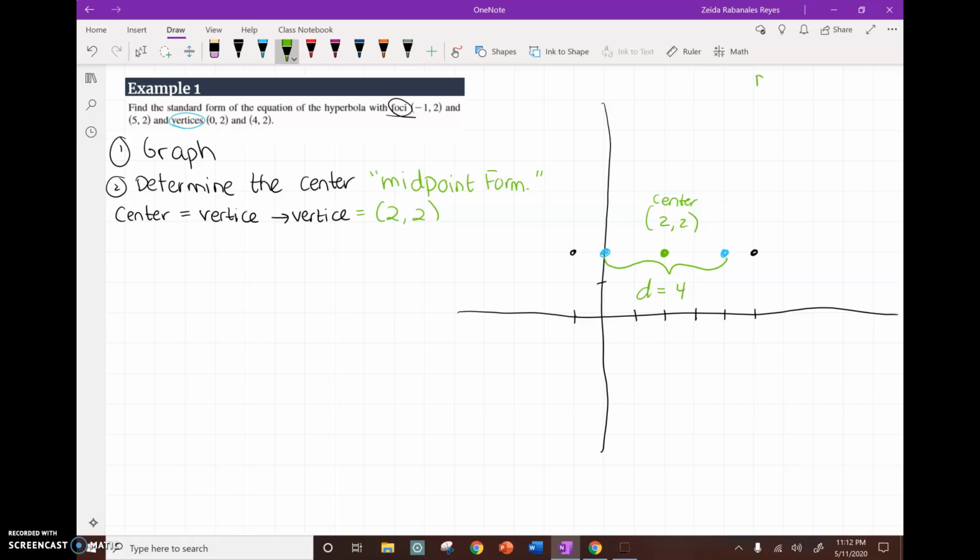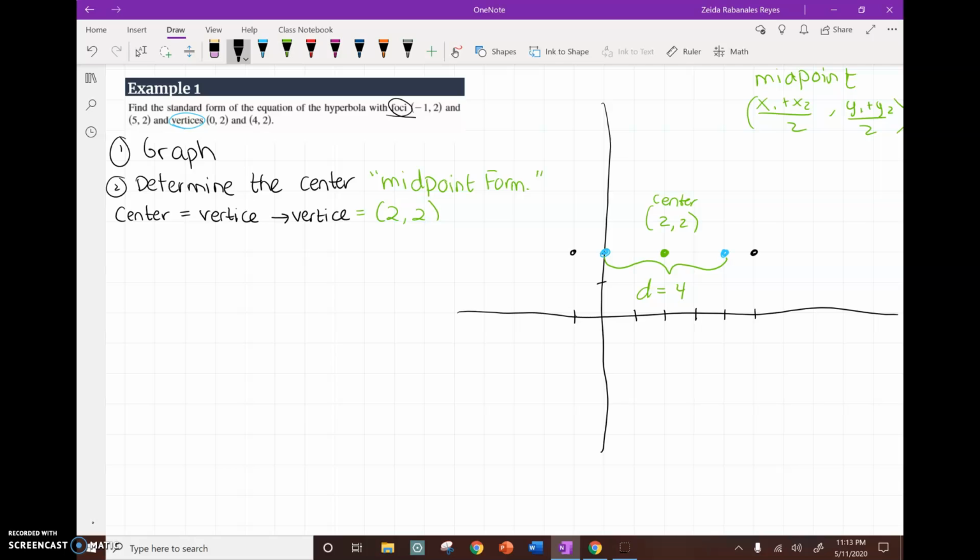The midpoint formula, I can write this up here, is x1 plus x2 over 2, y1 plus y2 over 2, and it should give you the same thing. And you want to use the points from the vertices, so from vertice to vertice.